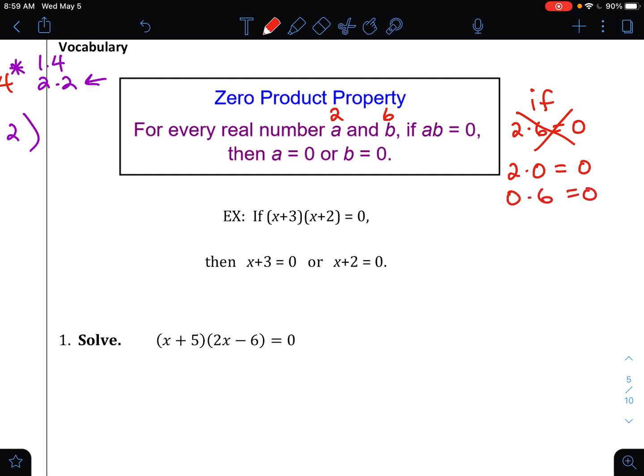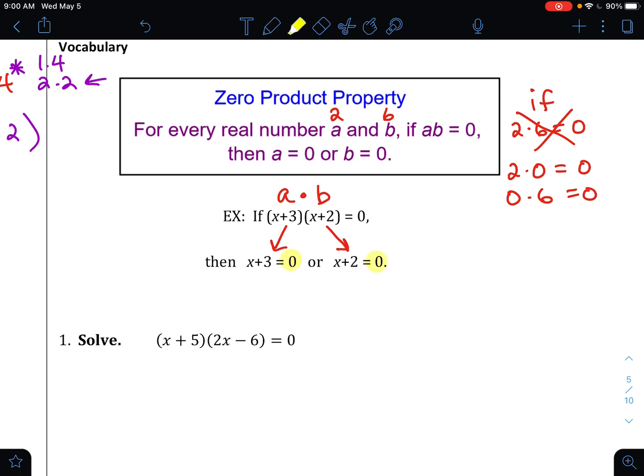So what we're saying here is, look at this next example. If x plus 3 times x plus 2 equals 0, I'm going to consider that my a value times my b value. Well, one of those has to be 0. So what we can do is rewrite each factor and separately set it equal to 0.